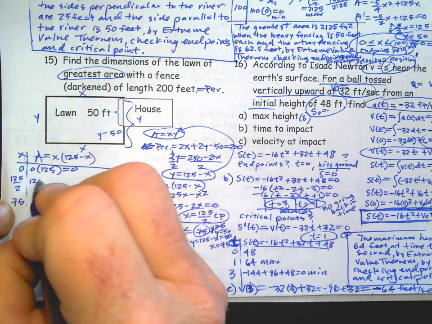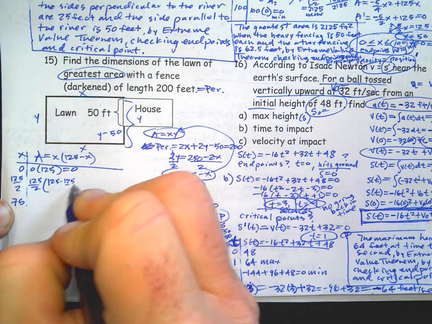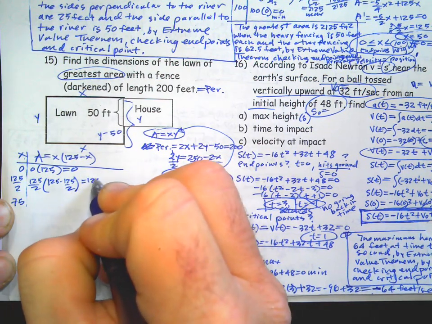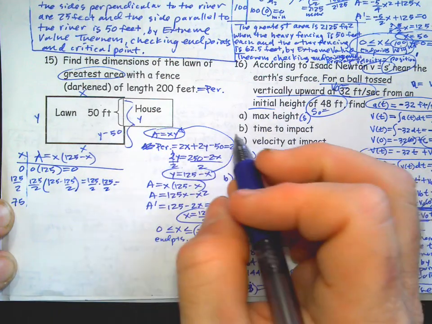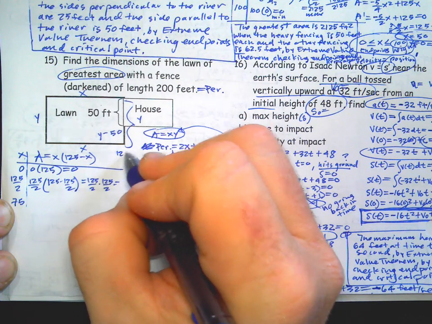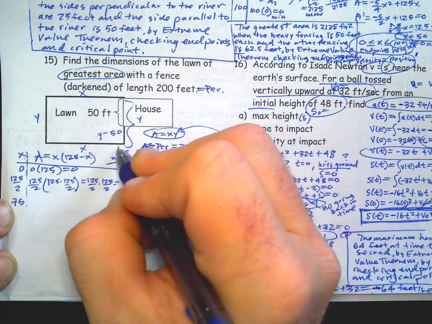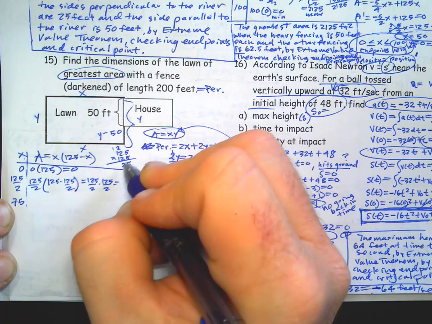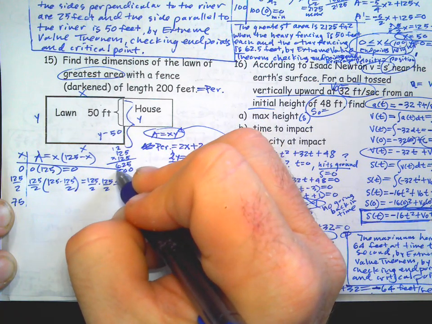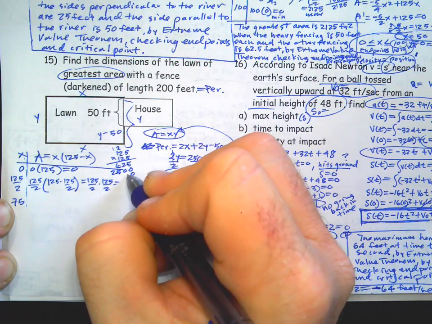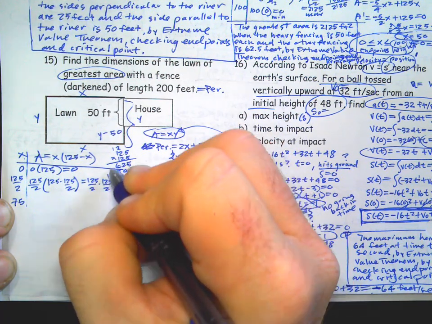And then 125 over 2 times 125 minus 125 over 2. So that's going to be 125 over 2 times 125 over 2, which is some gross number, but we'll try and find it. 5 times 5 is 25, carry the 2, and so on.